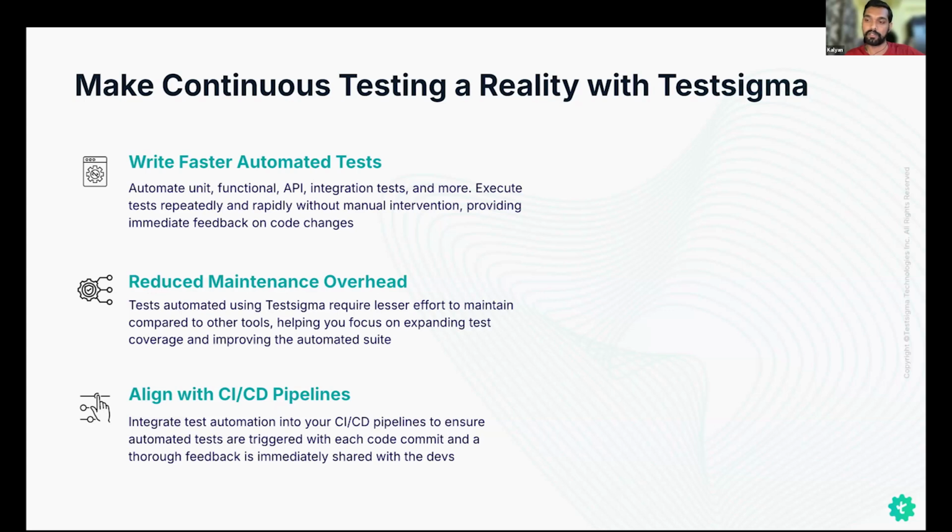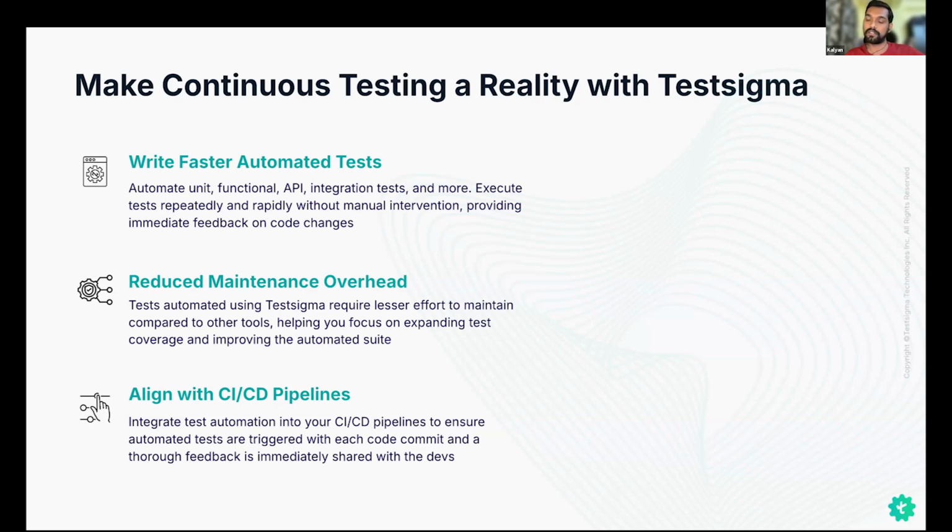You'll be able to create automated tests for all of these applications using plain English, or you can leverage GenAI to create automated tests for these. And once you create automated tests, you'll be able to run them either on the cloud or on your local devices, and execute these tests without any manual intervention. So that's how you make continuous testing a reality.